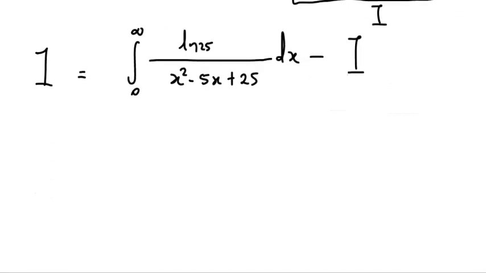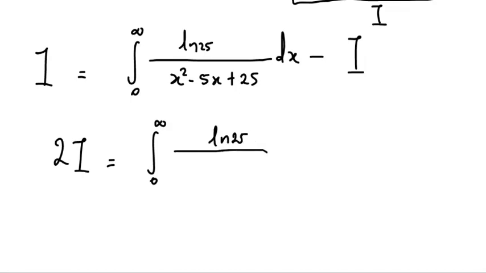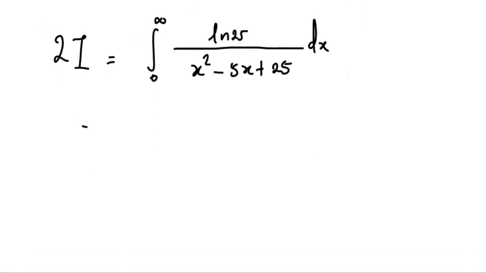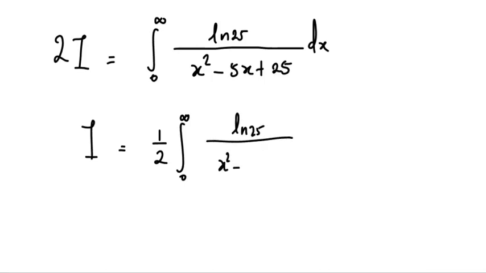Now, if you add I to both sides, we get 2I is equal to the integral from 0 to infinity of the natural log of 25 divided by x squared minus 5x plus 25, and then we have our dx. Now we can divide both sides by 2, and therefore we have I is equal to 1 over 2, the integral from 0 to infinity of the natural log of 25 divided by x squared minus 5x plus 25 dx.